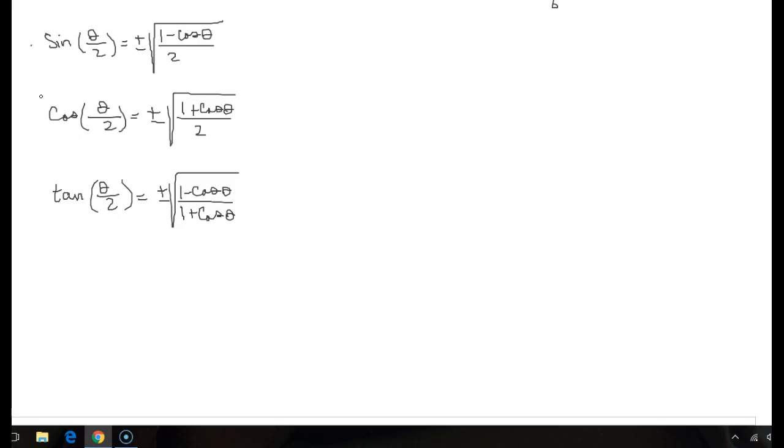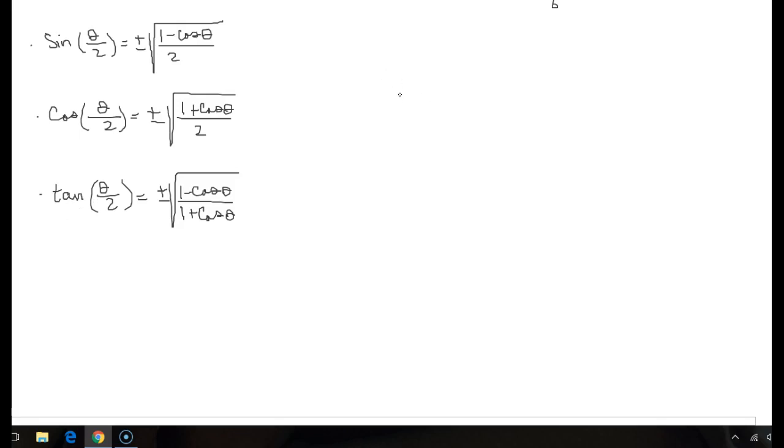So if I divide these two first formulas, sine of theta over 2 by cosine of theta over 2, that's the formula that I'm going to get. There are 2 other formulas. You can get them from the textbook, but I just stay with this one for tangent.